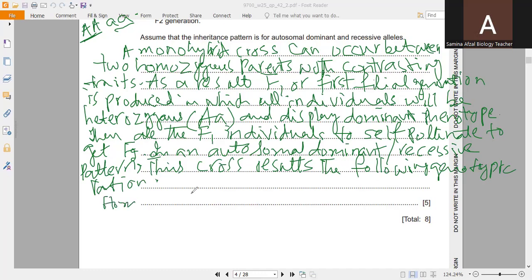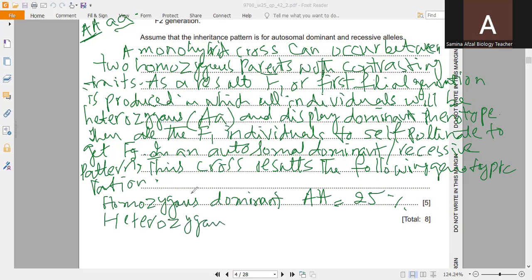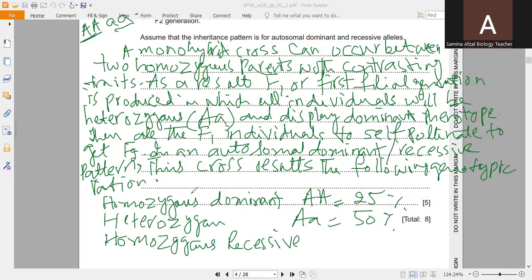Homozygous dominant, 25%. Heterozygous, capital A small a, will be 50%, and homozygous recessive, small a, will be 25%.